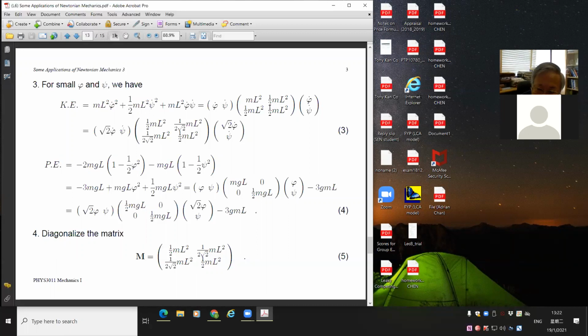Any more questions? Yeah, Jason, it's hard to make comments in general when KE and PE are not diagonal to start with. You have to look at the details of what problem.